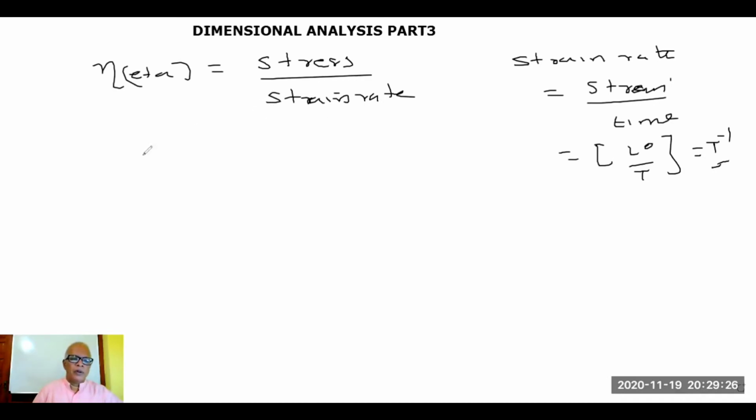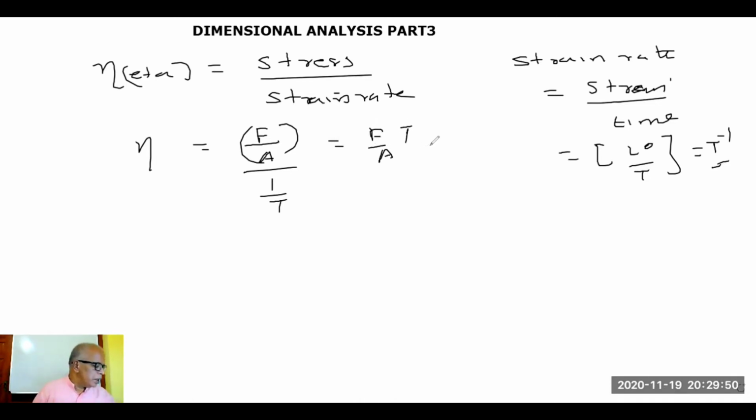Stress is force by area, so eta is equal to force by area by 1 by T. So what will you get? Force by area into time.